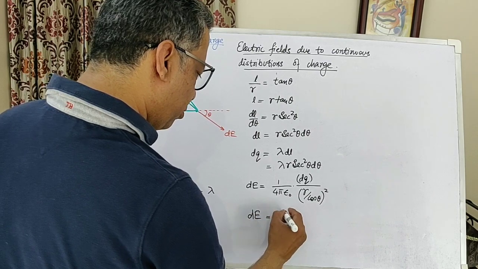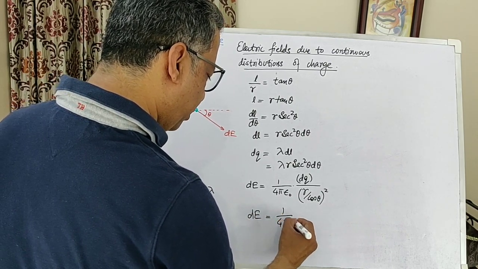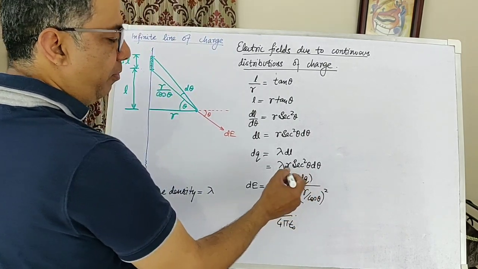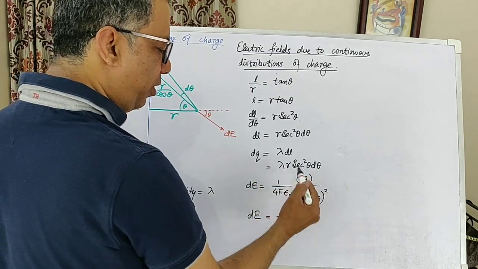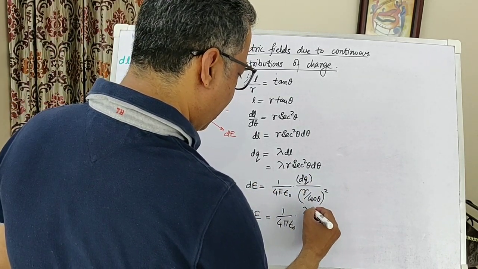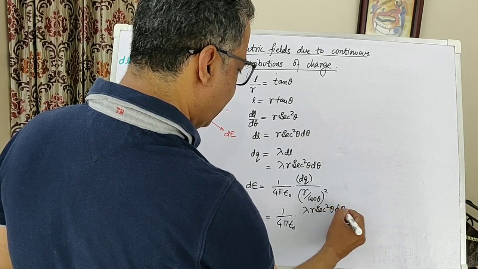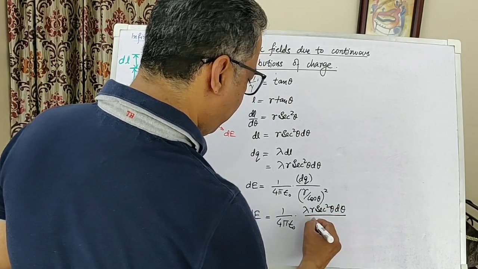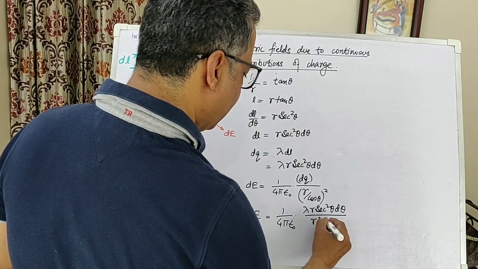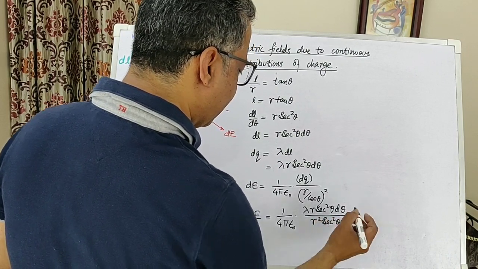dE now comes out to be 1 by 4 pi epsilon naught. We substitute this dq over here, lambda r sec square theta d theta by r square sec square theta.